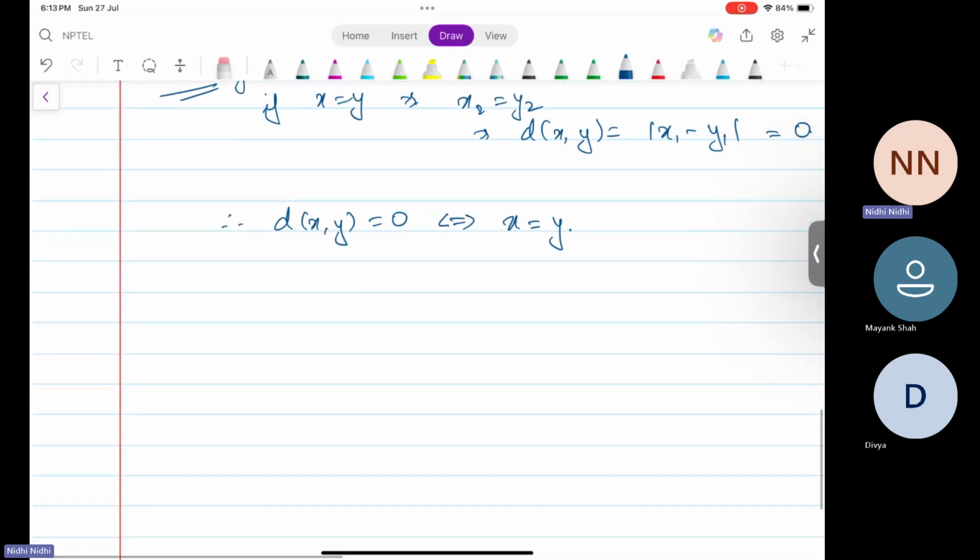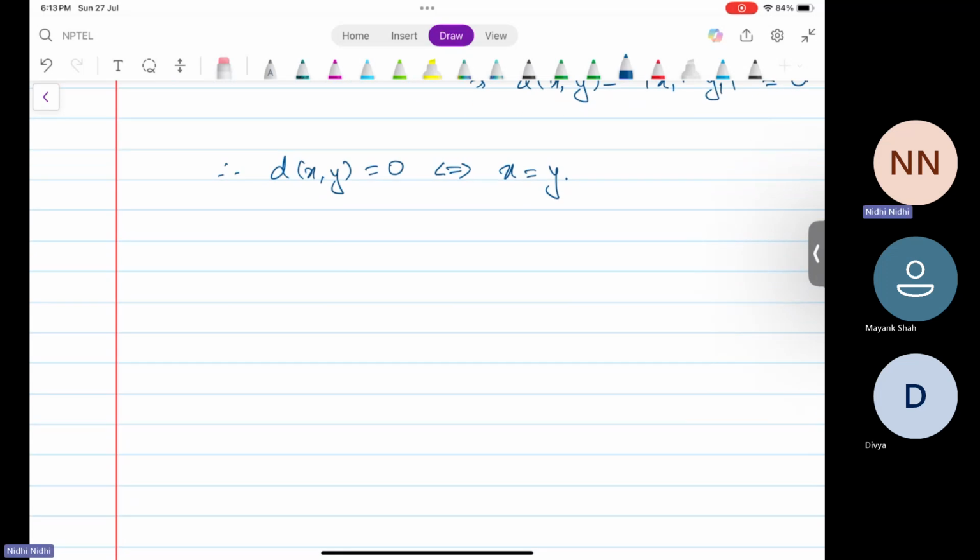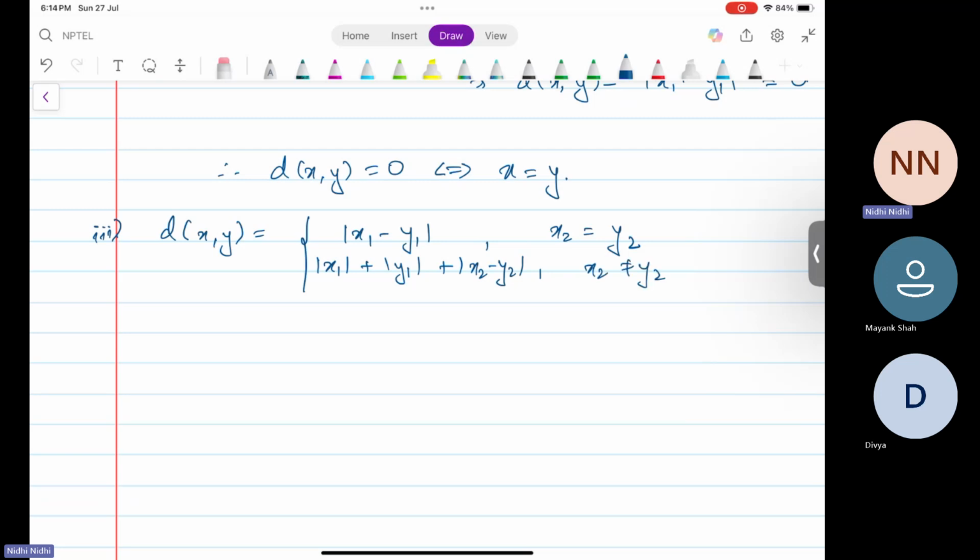Now, next, third, the symmetry condition. This is again very trivial. Mod x1 plus mod y1, when x2 is equal to y2, this is equal to mod x1 minus y1, and mod x1 plus mod y1 plus mod x2 minus y2 when x2 is not equal to y2.